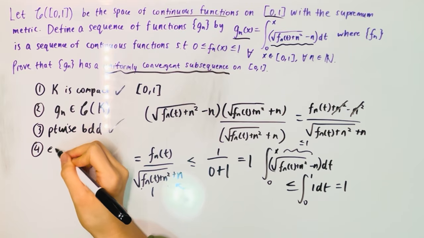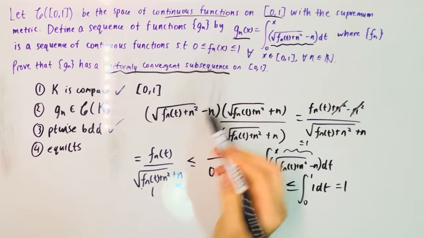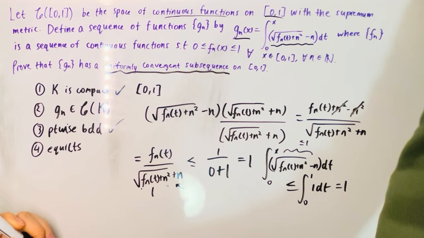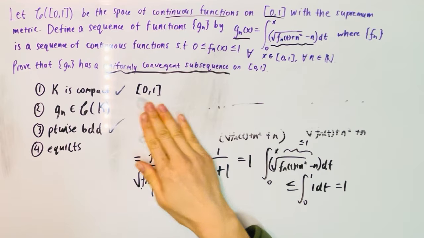Okay, now let's show that it's equicontinuous. Once we do that, we can basically just get to our conclusion. So why is this function equicontinuous? Well, we can just use the mean value theorem, right?